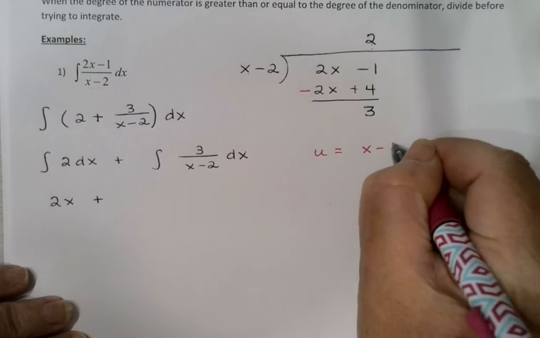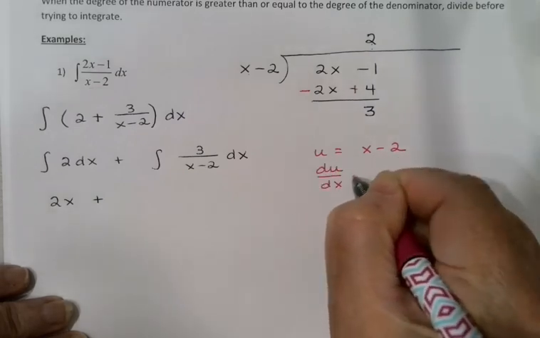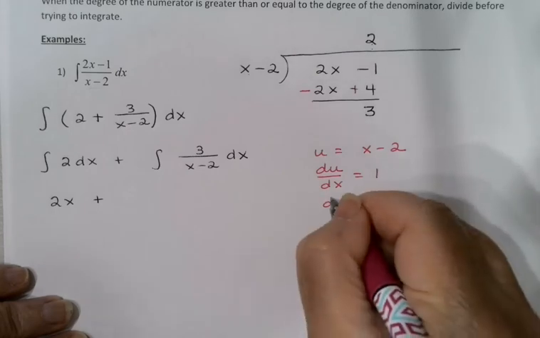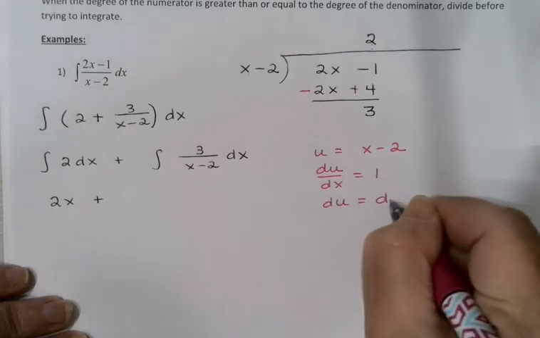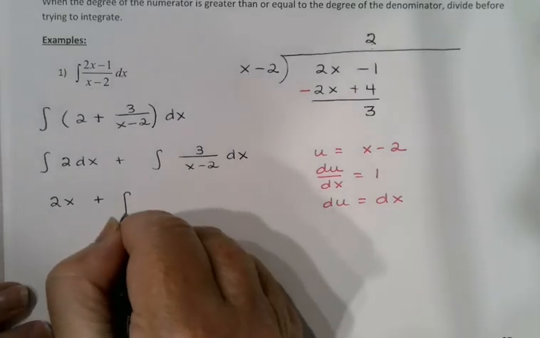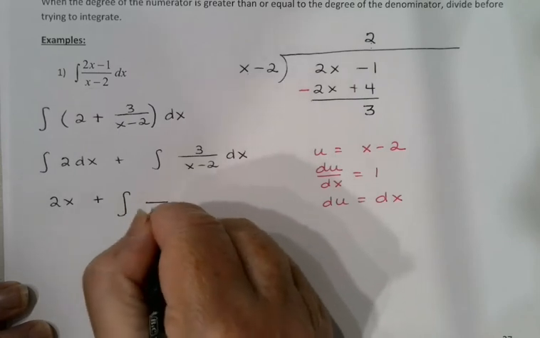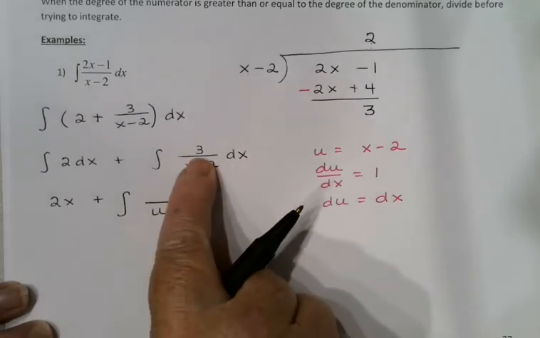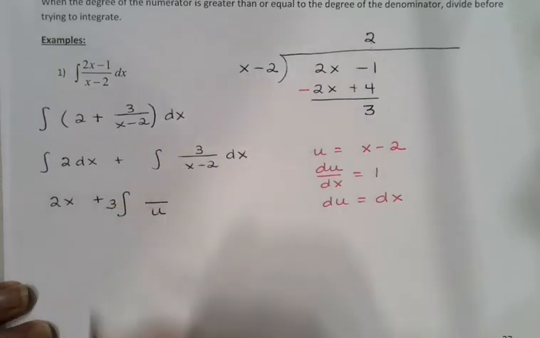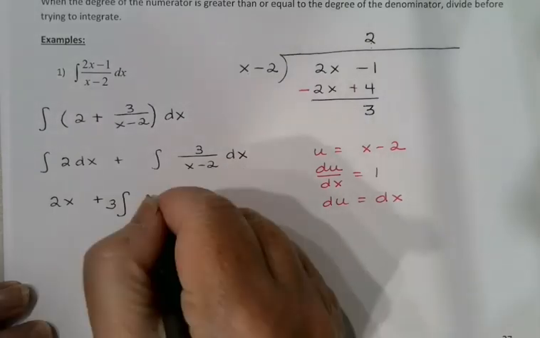U is x minus 2, so du dx is 1, and du is simply equal to dx. My denominator is u. That 3 could actually get pulled out of the integral, and then the dx is equal to the du.